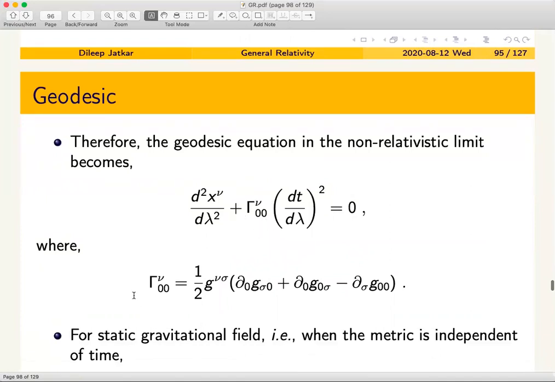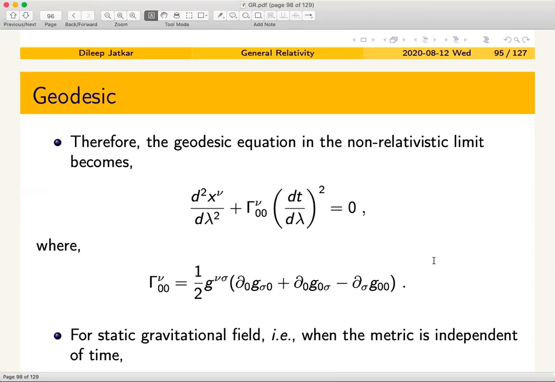So we use that same definition and write gamma nu 0 0 to be half of g nu sigma times the derivatives of the metric. All I have done is basically copy the expression and pick the zero component appropriately. So this is how it will appear.